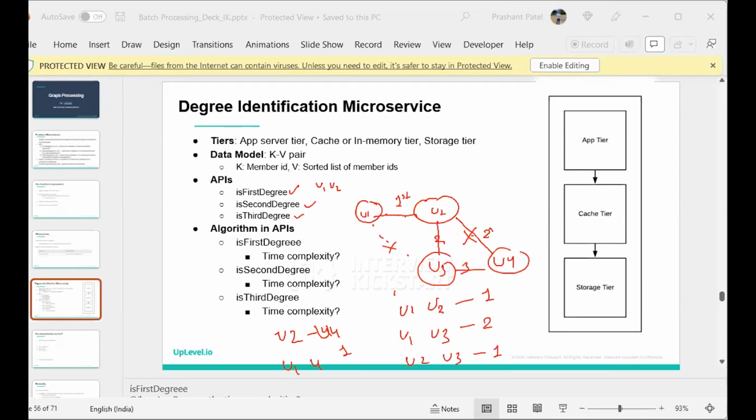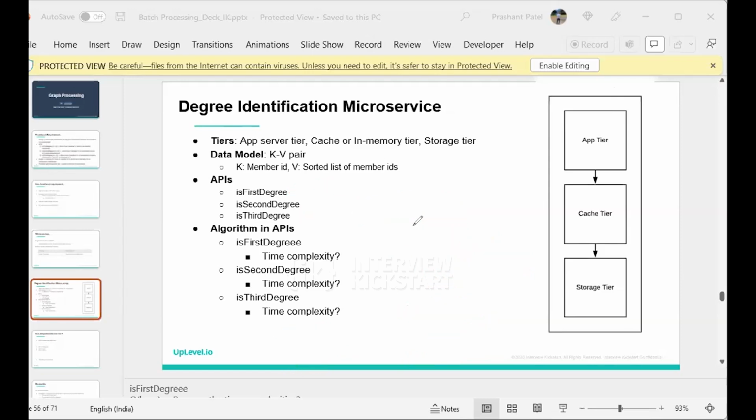Okay. So any idea how we can solve this problem, how we can derive the logic so that we can answer these three API calls? I think we can go with depth first.